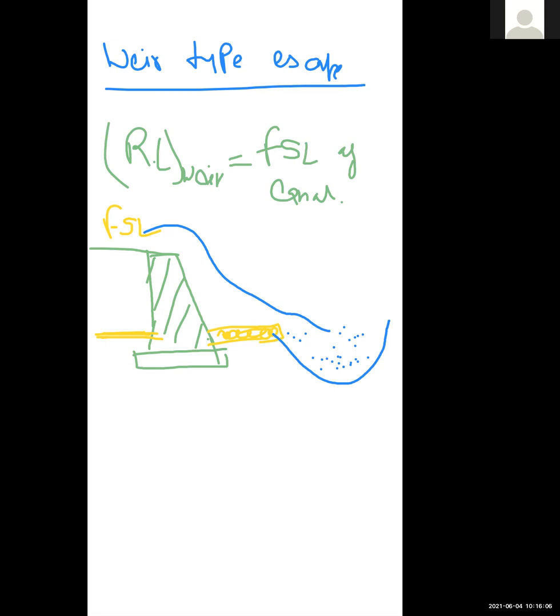Next type of escape is the regulator type or sluice type.